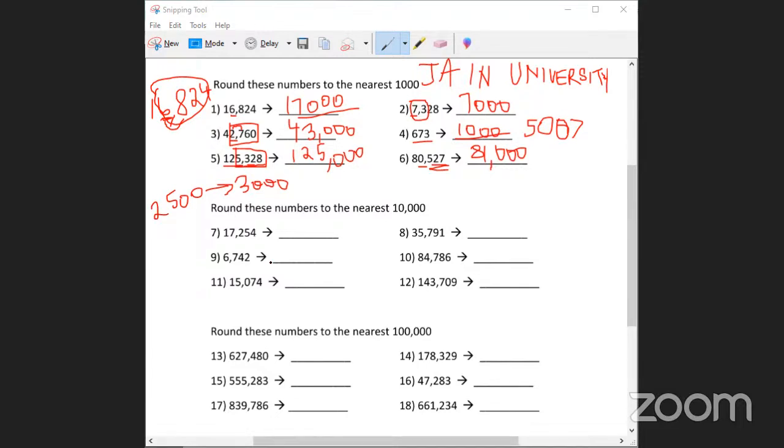Okay, good. So 17,000, the nearest value to round off would be 17,000, it's 200. So the nearest one is 17,000. Yes, that's fine. Next, 6,700. So as we go on, okay, you're taking on the other side.